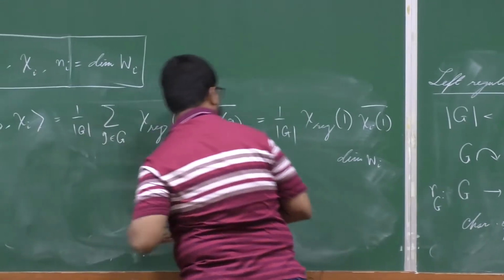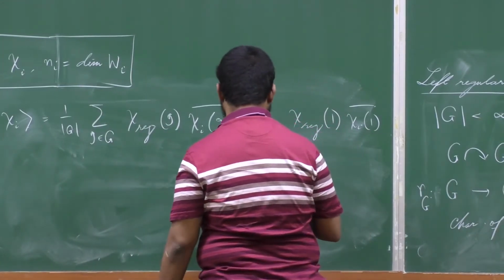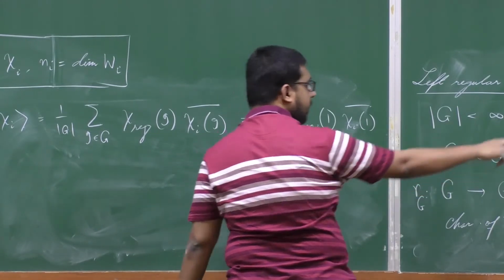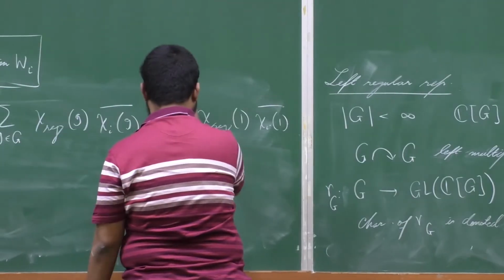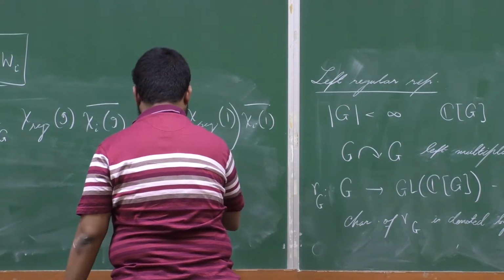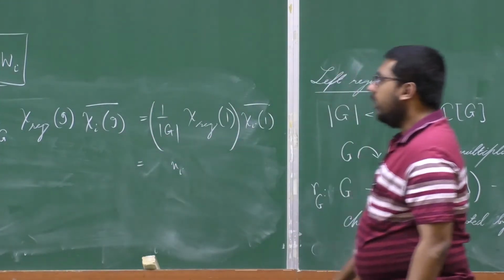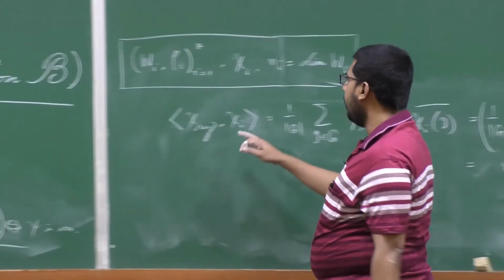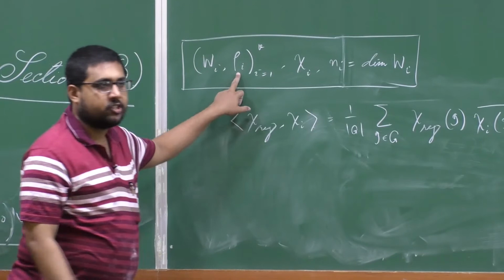So, therefore, here we obtain the following. chi reg 1 is the order of G. So, this product is just 1. So, simply Ni.